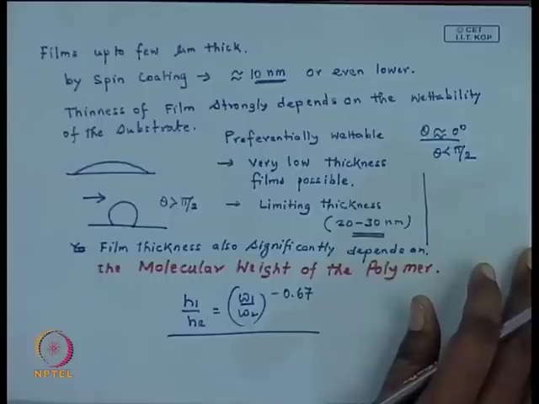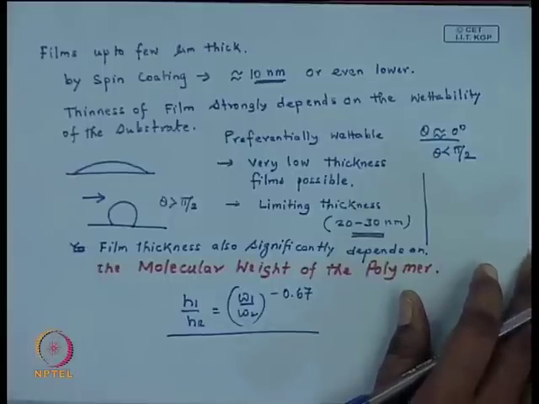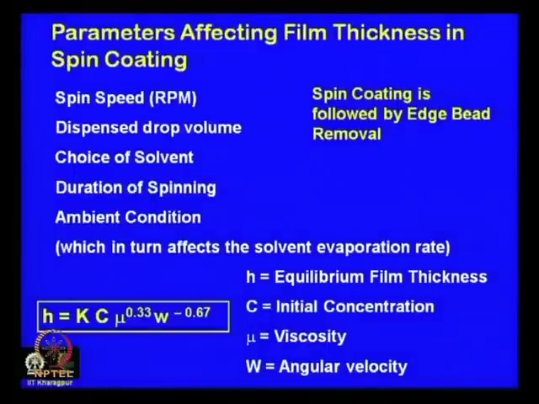You can see that the higher the RPM, the lower the film thickness. I repeat, this is a working formula, and some people do use it industrially. It gives you a back of the envelope idea as to what you want to do.